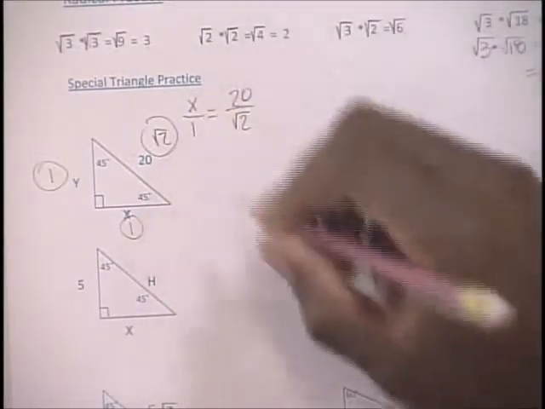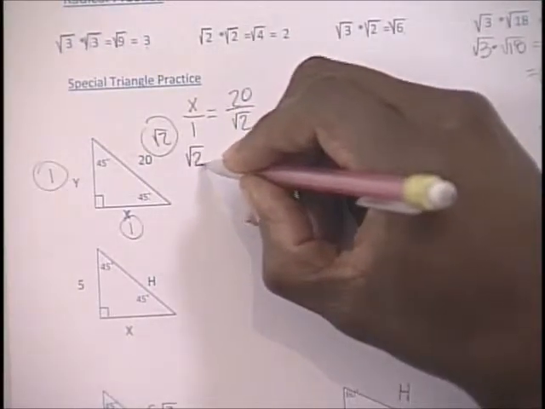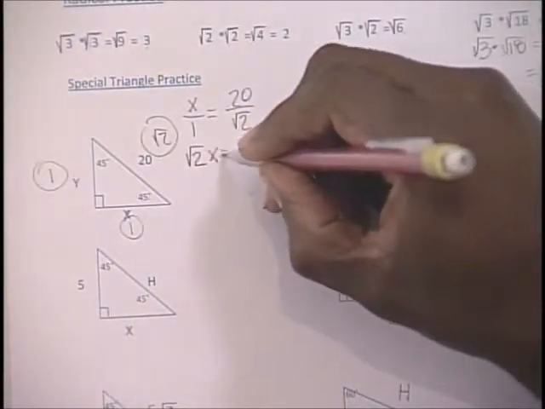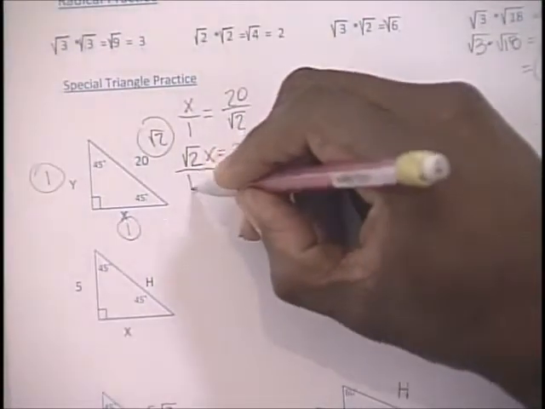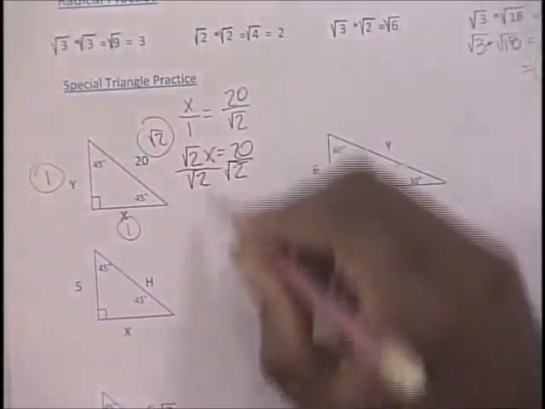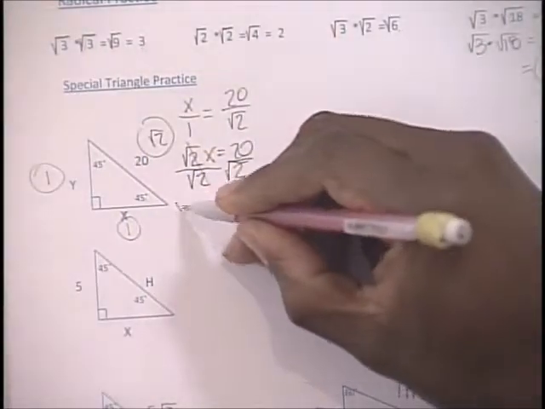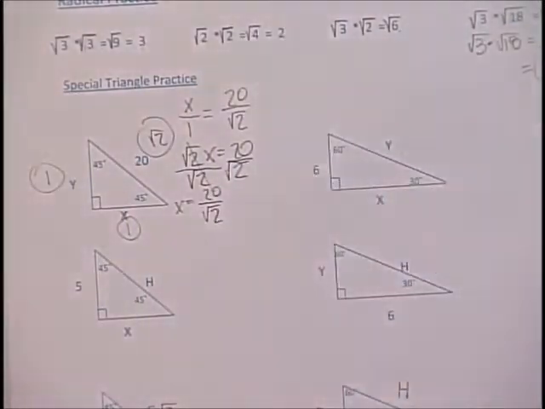And you're going to cross multiply. You get radical 2x is equal to 20. You divide by radical 2 on both sides. And notice what you get. You end up with x is equal to 20 over radical 2.